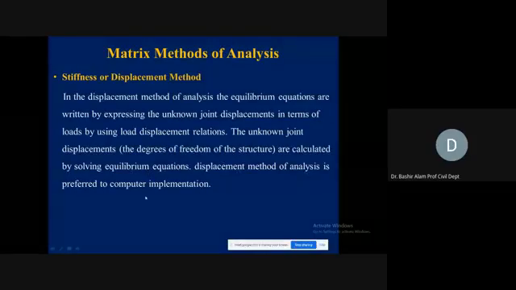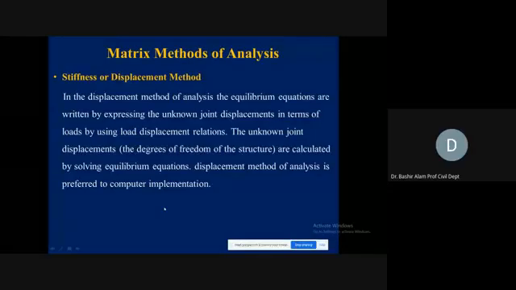Displacement method of analysis is preferred for computer implementation. It's a very organized method. Now, if you remember, in case of the flexibility, we were having so many choices for a structure to make it statically determinate, but here everybody will be having only one choice. The same way you all will be making the structure kinematically determinate.